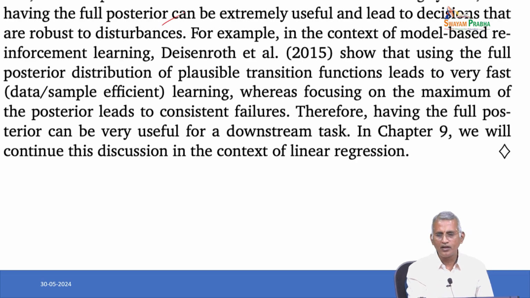For example, in the context of model-based reinforcement learning, Deisenroth et al. in 2015 show that using the full posterior distribution of plausible transition functions leads to very fast learning, whereas focusing on the maximum of the posterior leads to consistent failures. Therefore, having the full posterior can be very useful for downstream tasks. In this chapter, we will continue the discussion in the context of linear regression.